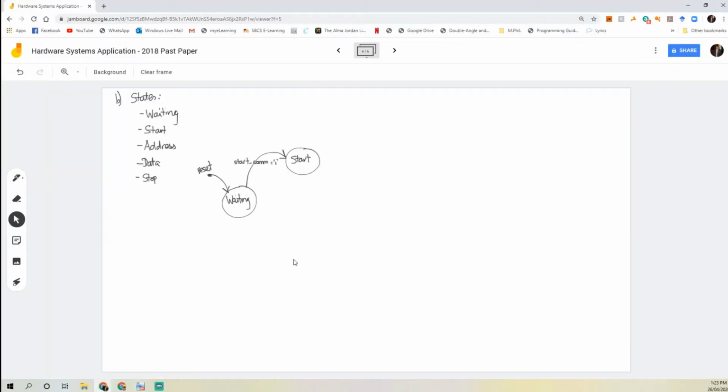So I start at 0 and I say 0, 1, 2. Right? Going from 0 to 1 is 1 clock cycle. Going from 1 to 2 is another clock cycle. So I'm going to transition into my address state when the value of count is equal to 2.